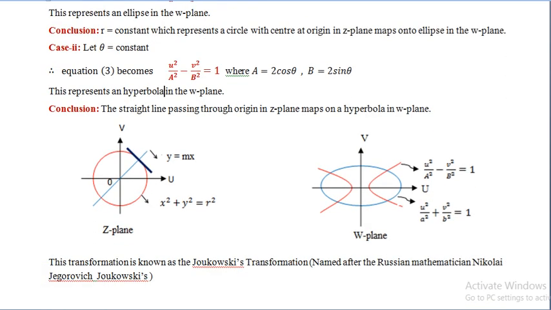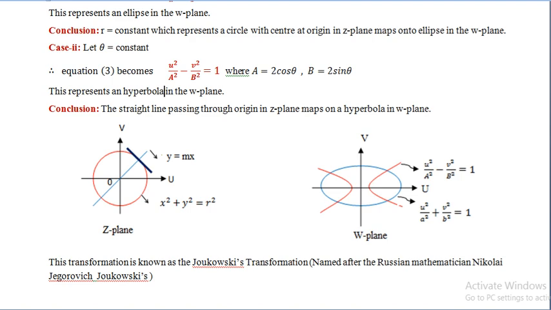So here we will sketch the two graphs for case 1 and case number 2. In the z plane we draw the circle, that is x square plus y square equal to r square when r is constant, and y equal to mx, the straight line passing through the origin. The line denotes a tangent where the two curves, circle and straight line, intersect each other, and the angle between them is 90 degrees, which represents an orthogonal trajectory.